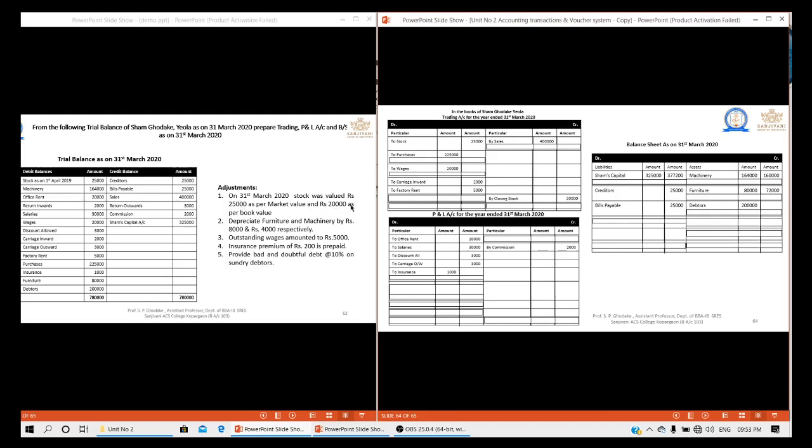So here the closing stock value 20,000 is less, so closing stock 20,000 at the trading account credit side. And the second effect of this particular transaction is on the asset side. So here closing stock 20,000. Then the second adjustment is depreciate furniture and machinery by rupees 8,000 and 4,000. So depreciation.